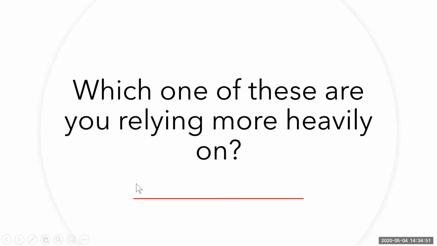So now step back and think about which one of these pillars you are relying more heavily on. Are you spending more time on social listening, or is your activity more aligned towards social influencing, or are you doing more of social networking or social selling? And then you have to figure out what are the gap areas.